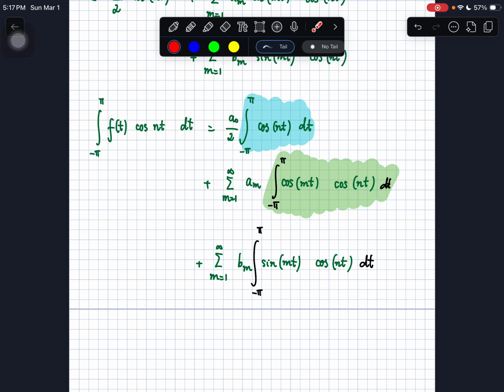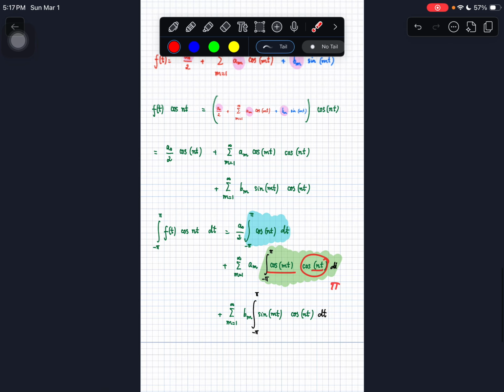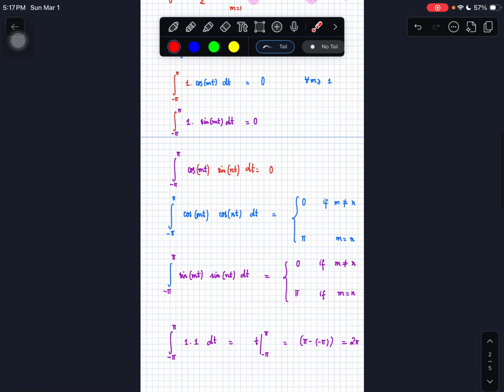This one gives us 0. If m equals n, this one gives us the length of cosine nt squared. That's the only case that is not 0. And the length of cosine nt squared will be pi. So this formula right here: equal to 0 if m is different from n, equal to pi if m equals n.